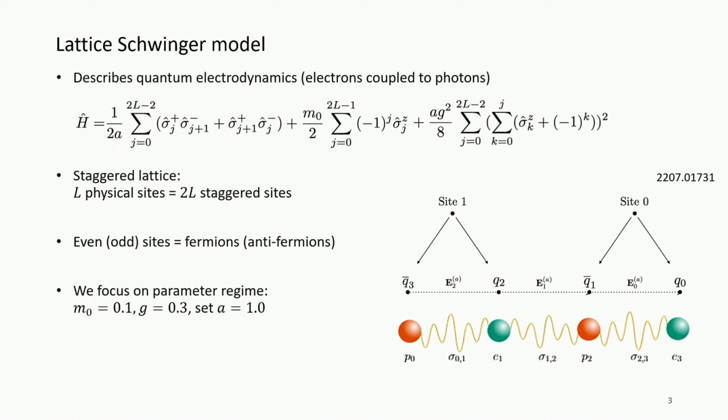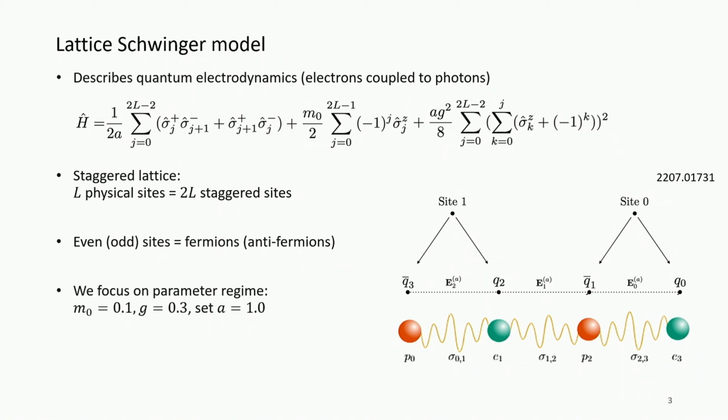Now, the model is defined on a special kind of lattice, which is called a staggered lattice. So you can think of starting off with physical sites at the top of the figure, and each physical site consists of a pair of fermion and antifermion sites, and these are represented in the figure below, and these sites are linked by gauge fields.